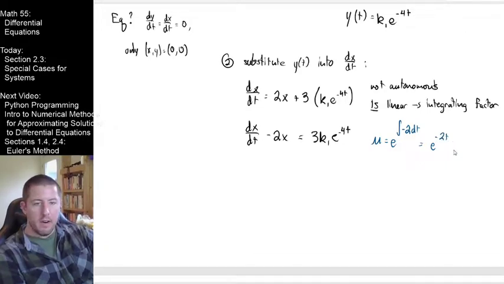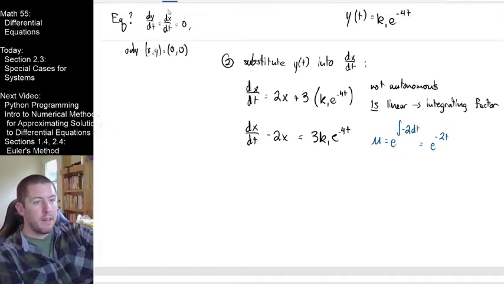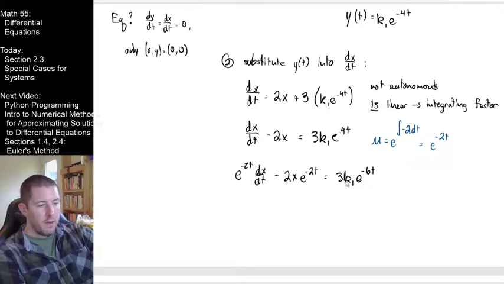Let's go ahead and multiply everything by our integrating factor. Notice here I'm multiplying by e to the negative 2t. I already have e to the negative 4t, so now we've got e to the negative 6t on the right over here.